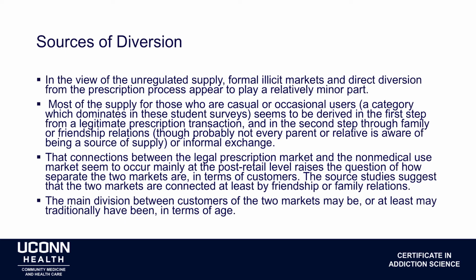What was found in a series of epidemiological studies is that the distribution of these substances occurs on two levels. One is overprescription to patients with short-term indications for pain, which provide them with more drugs than they need and more frequently than they can use. And once that occurs, you get leakage within the general population.